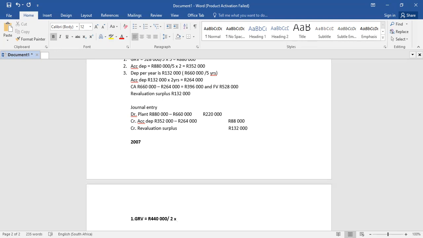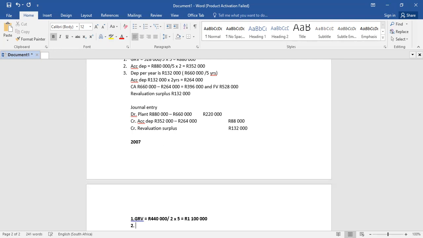Times your total useful life of 5 years. What do we get? We get 1,100,000. So you have found your GRV, calculated using your new fair value.